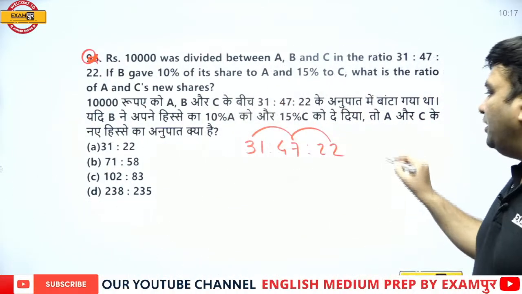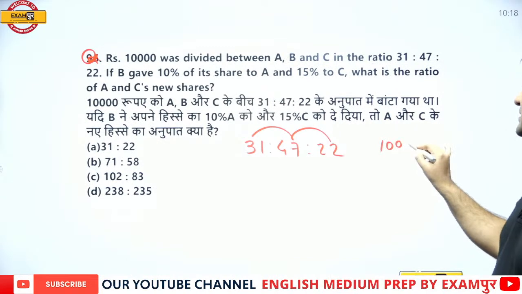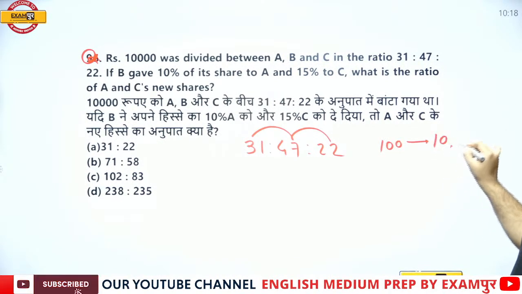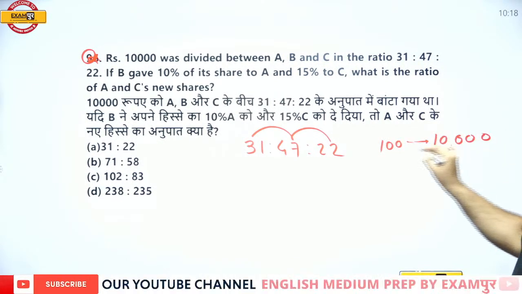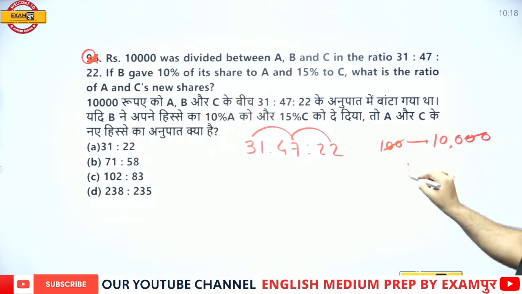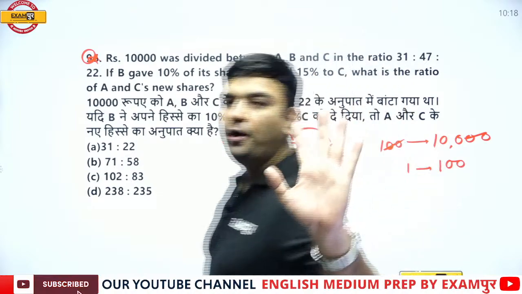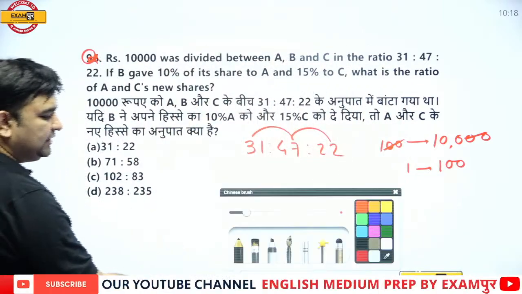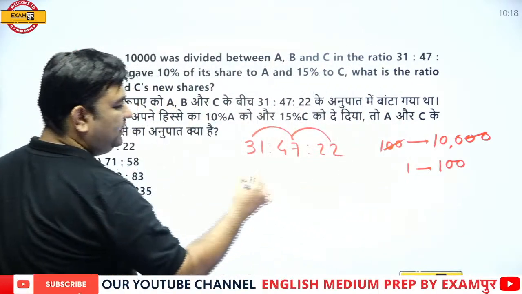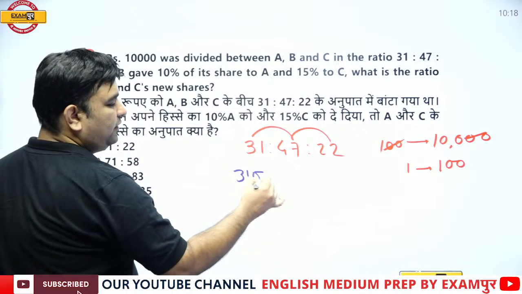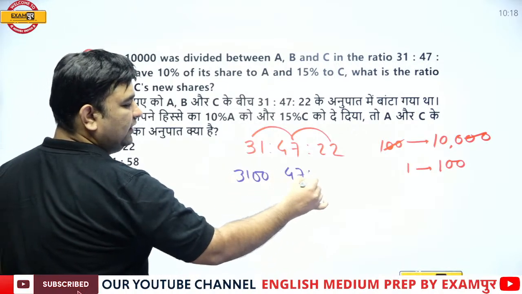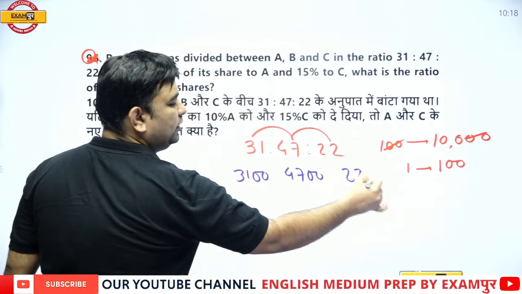The total according to the ratio is 100, which is given as 10,000. 2 zeros simplified, 1 is equal to 100. So 31 is equal to 3100, 47 is equal to 4700, 22 is equal to 2200.